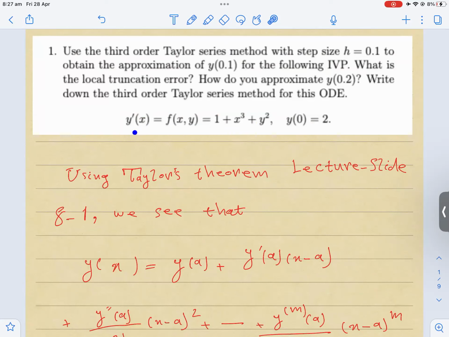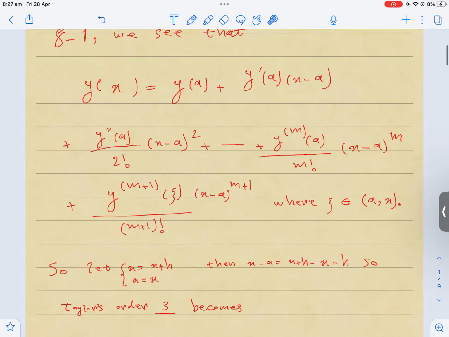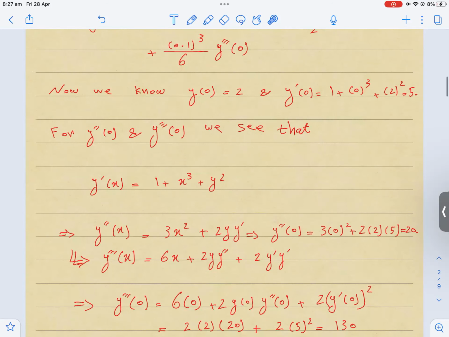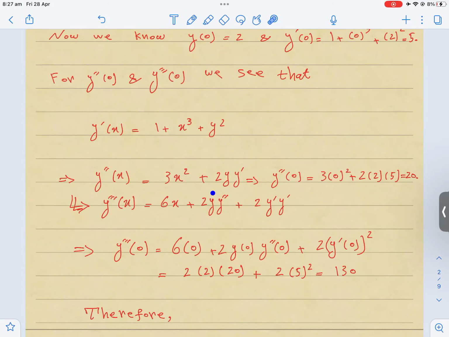So I am able to calculate y double prime by taking the derivative of this one in terms of x. The derivative of y of order 3 comes from the previous derivative, the second order, which I have written here. So to calculate y double prime of 0 and y order 3 of 0, we substitute, and from this we can calculate the third order derivative.